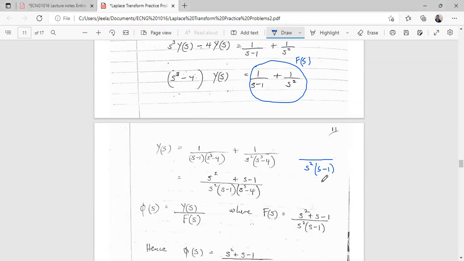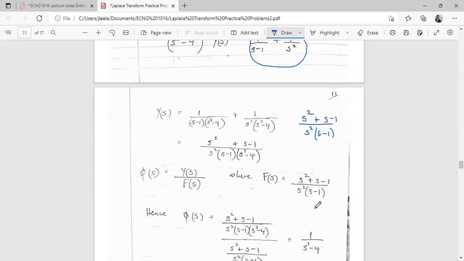So if you have s squared into s minus 1 here, then you'll have to multiply this side by s squared, and then multiply the other side by s minus 1. That is why we get this down here, right?